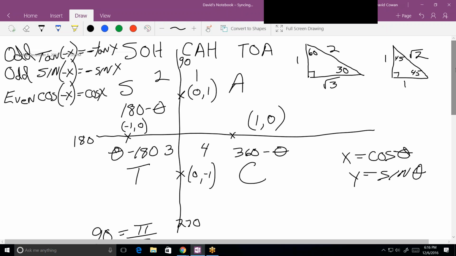And the only thing that really needs to be put in radians are that 90 could also be labeled pi over 2. This 180 could be labeled pi. This 270 is, excuse me, 3 pi over 2.